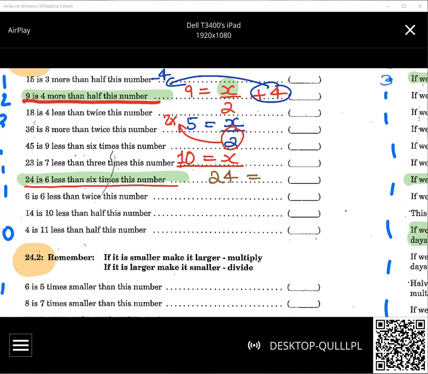You do 24 equals 6 times by 6x, minus. Because it's 6 less than 6 times this number, that 6 times number has to be done first. If I'm going to take away something from you, you need to be there first. So the minus is something that's done to something, it comes secondary. Done. Work out the value of x for me, please.